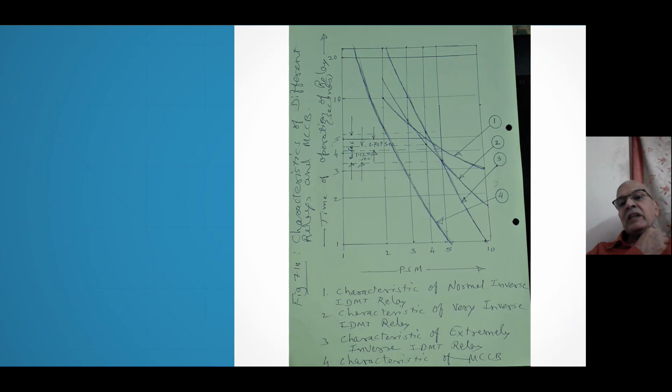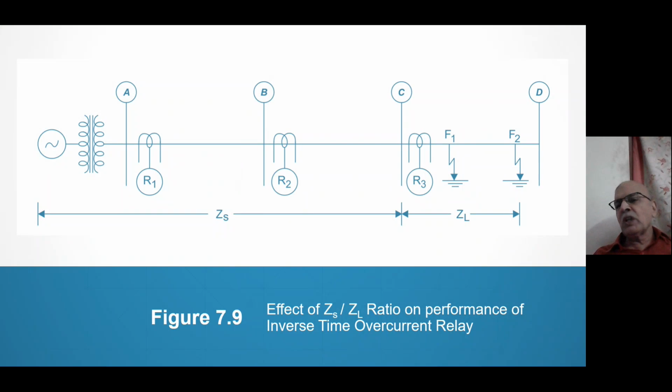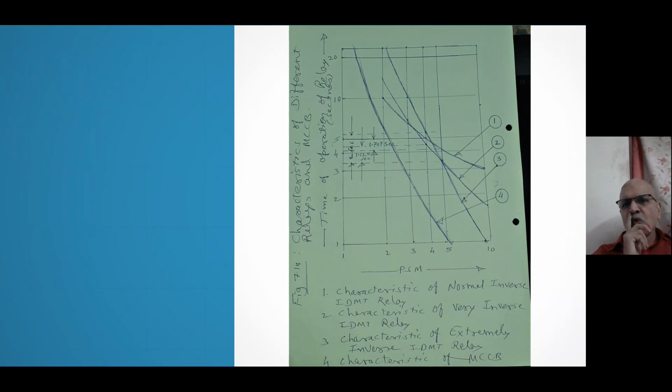Number 4 is the fuse or MCCB characteristic. That is usually the case. What we are seeing is R1, R2, R3, and then beyond D there is a fuse or MCCB. So R3 is to be coordinated with that fuse or MCCB.